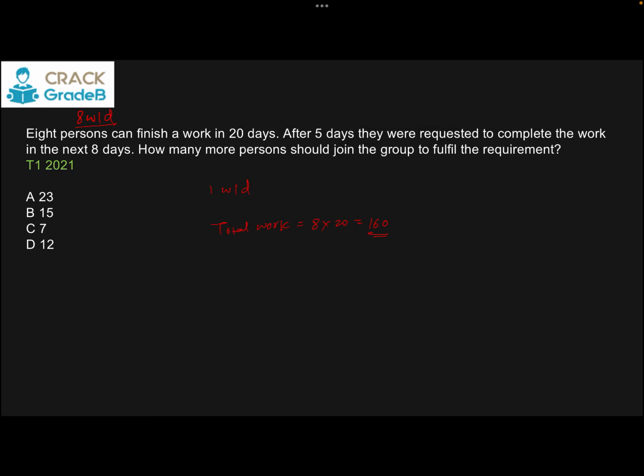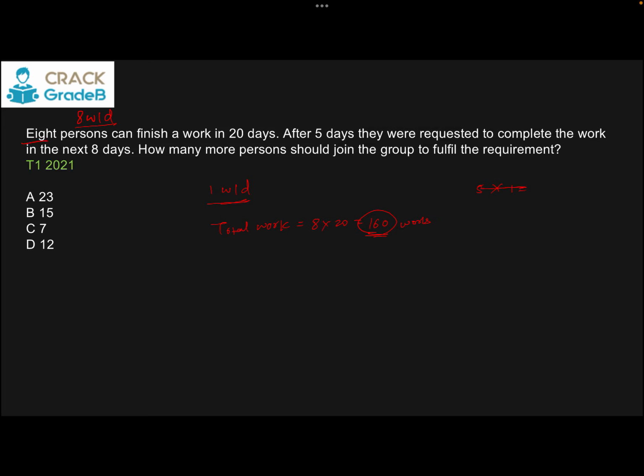After 5 days, they were requested to complete the work in the next 8 days. So in 5 days, how much work did they already do? Total work is 160. In 5 days, how much have they already done? Sorry, they are doing 1 work per day each.